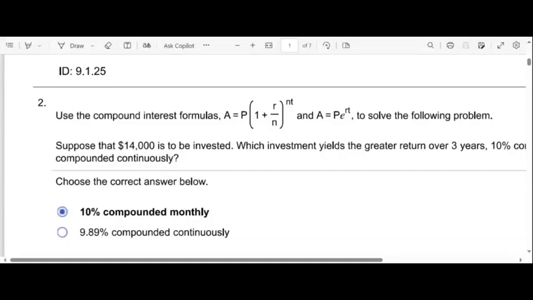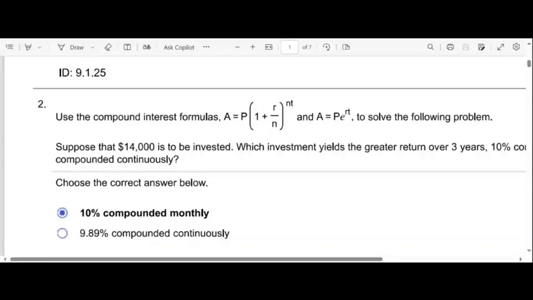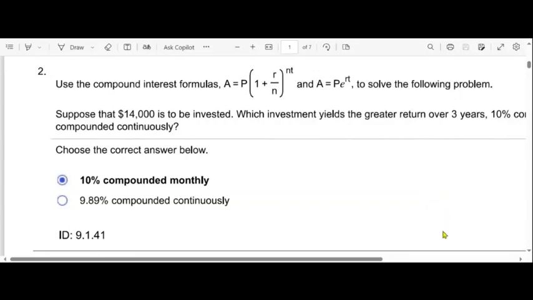Now let's read the problem. Do you see the problem? Can you read it, please? Okay. 2. Use the compound interest formulas A equals P (1 plus R over N) to the power of NT, and A equals P E to the power of RT, to solve the following problem.